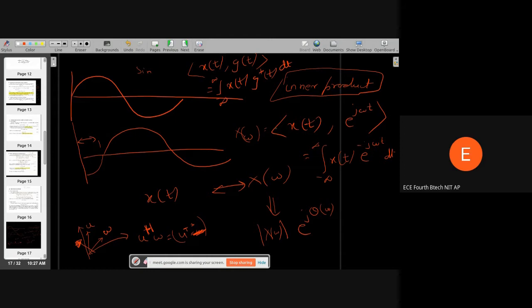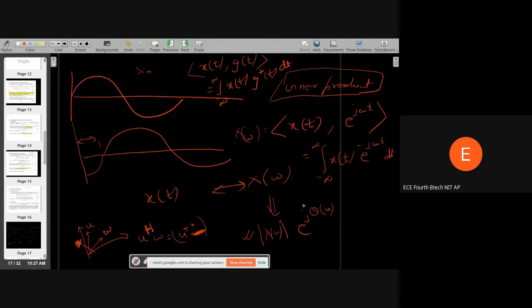And X of omega, obviously, will be a complex number in most cases, so you will get a magnitude part and a phase part. You can represent it like this.